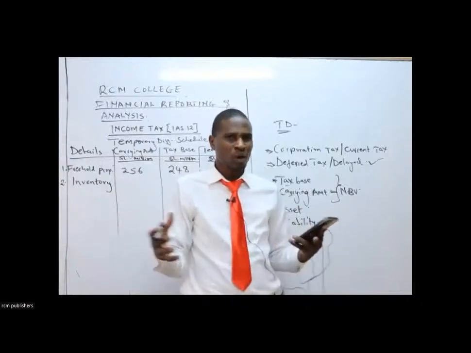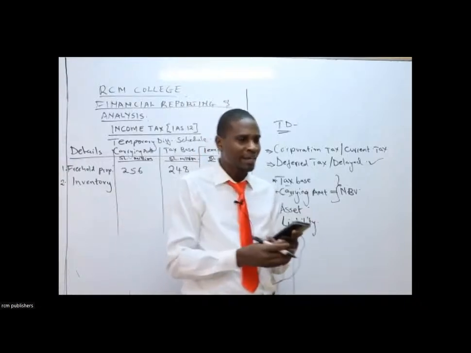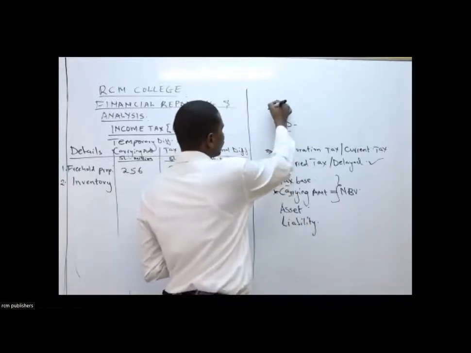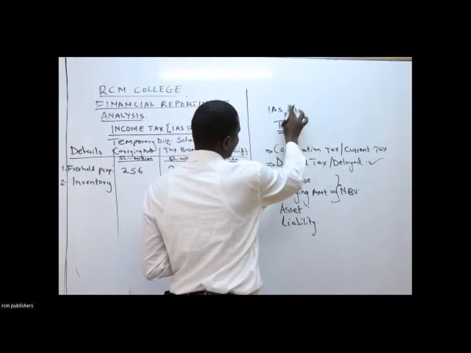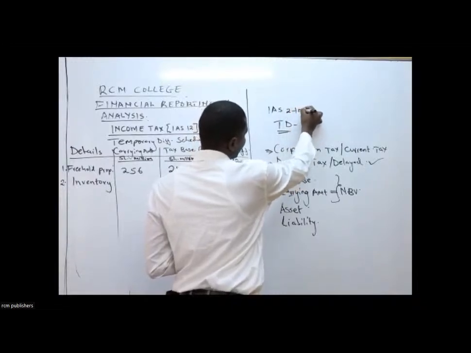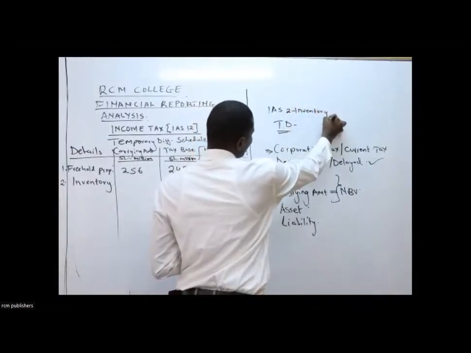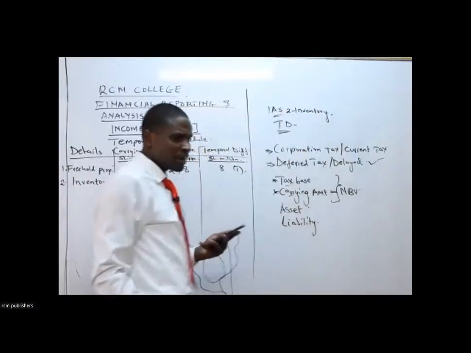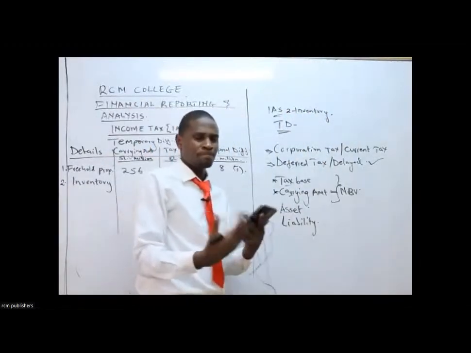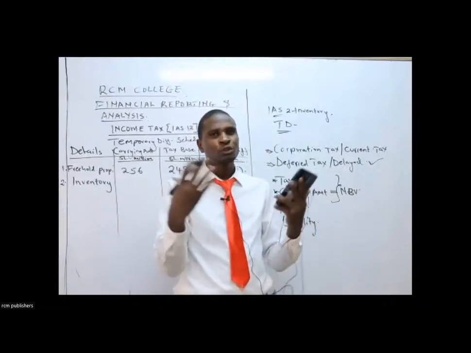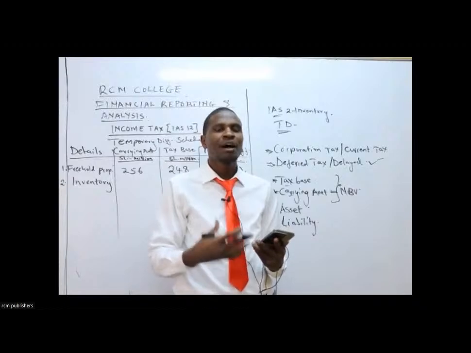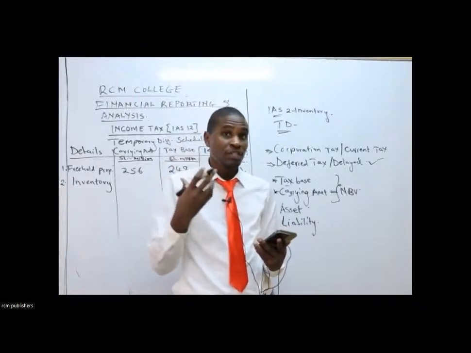According to IAS 2, which talks about inventory, should our inventory have profit in it? It should not. According to the standard, our inventory should not have profit in it.